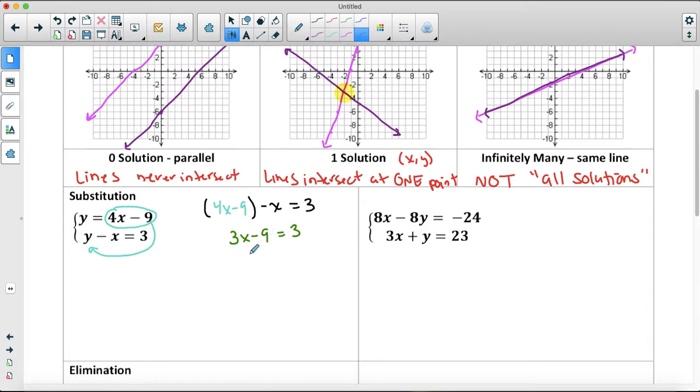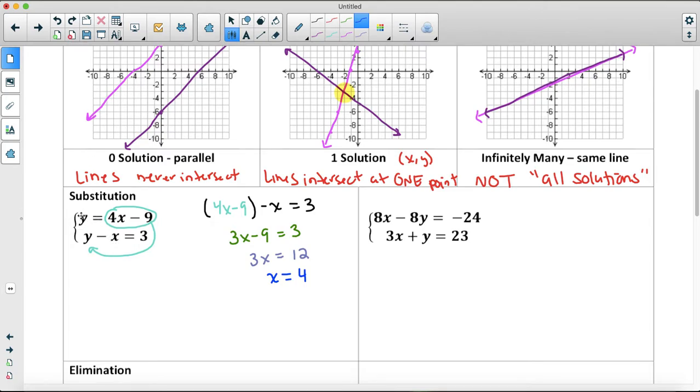We're going to add the 9 to the other side. We end up with 3x equals positive 12. We're going to divide by the 3, and we'll get x is equal to a positive 4. Now that we have the value of x equals 4, we can plug this x equals 4 back into either one of these equations so we can solve for y.